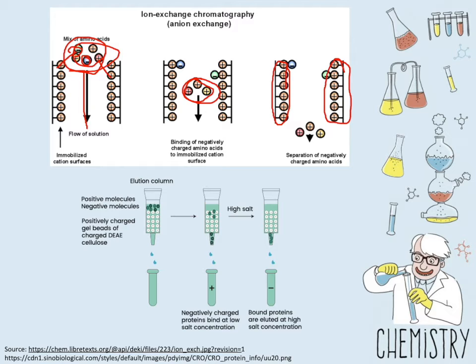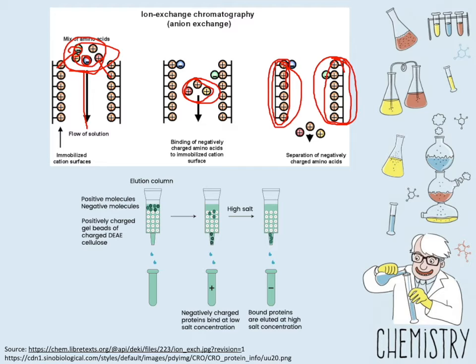The stationary phase is selected such that it has a particular charge and attracts the sample molecules with the opposite charge. The stationary phase is also known as the ion exchanger. So this part here that attracts the negatively charged sample is also known as the ion exchanger.